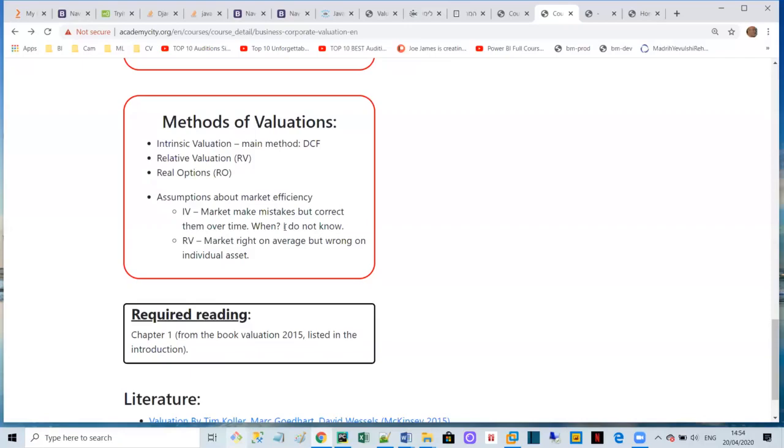What do I mean by that? Remember in the example of the house, if I want to know what the value of the house is supposed to be, I will take, let's say, 4, 5, 6 similar houses in my neighborhood, and I will take the average. So the average will be more or less correct, but the average is not the right price for any of them, because they can all be very different from that. So relative valuation gives you, on average, the right number, but it can be wrong for a specific individual asset.